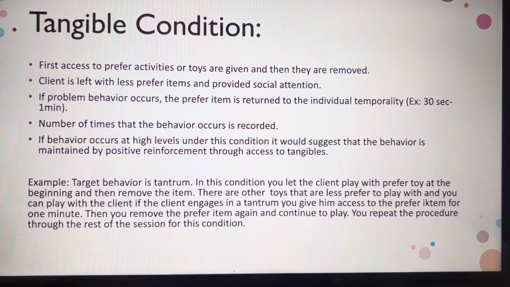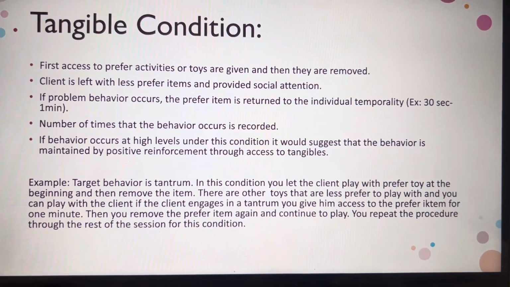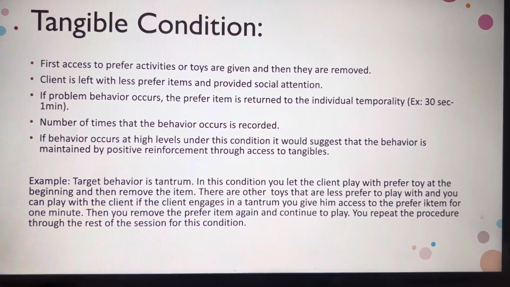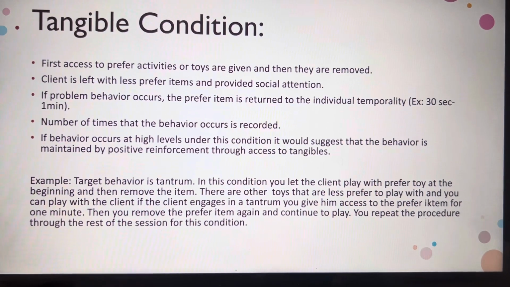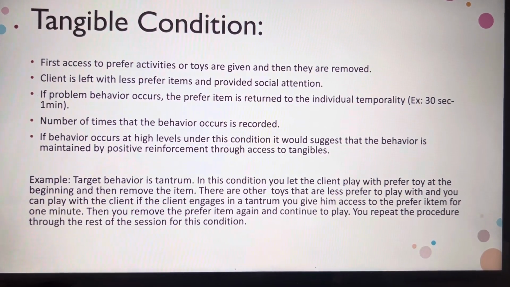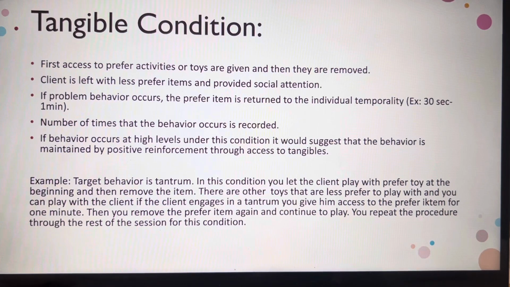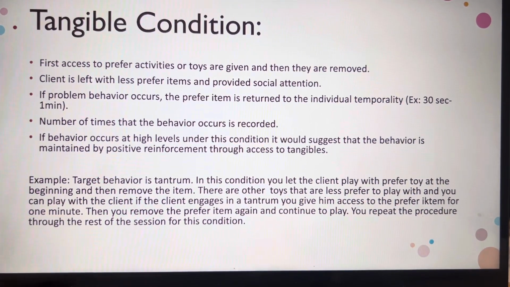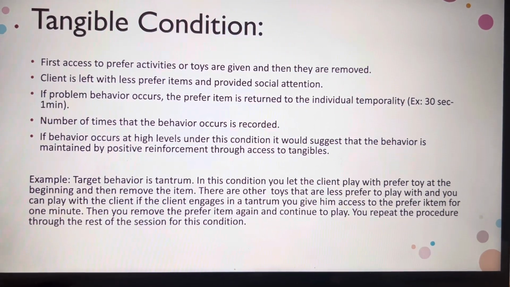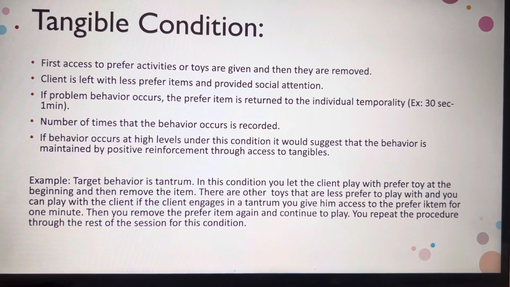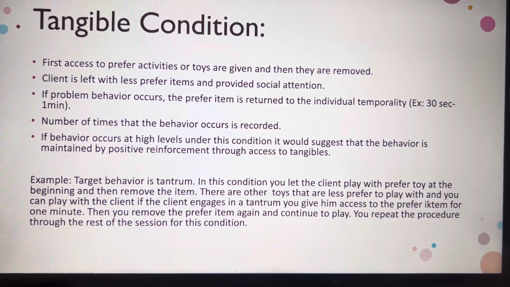For example, if the behavior was a tantrum, every time that the tantrum happens, you will give the client access to the preferred item for a minute or 30 seconds, and then remove it again and continue to play with the less preferred items, and you will do this through the session.